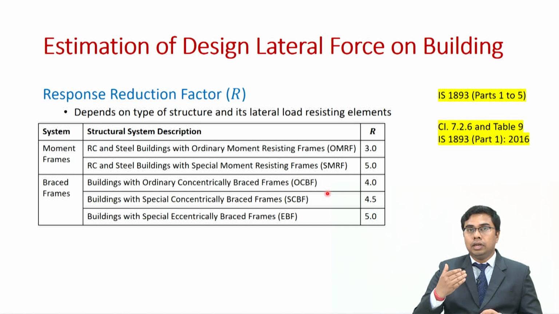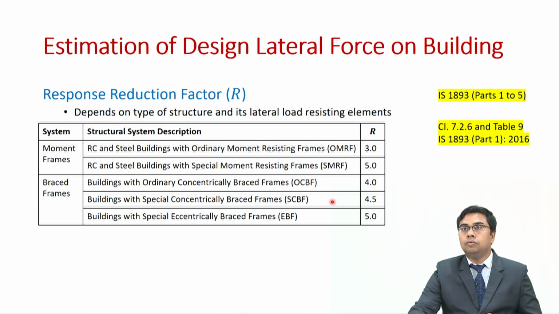So, depending on the hierarchy of collapse established, or how many layers of failure can be allowed, you will have a corresponding response reduction factor. So, a higher response reduction factor means you have higher redundancy in your structure.